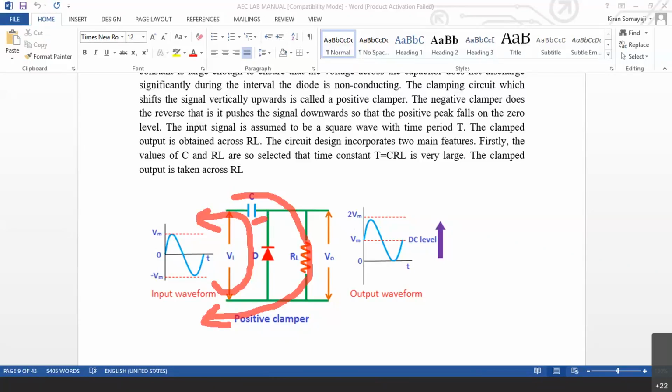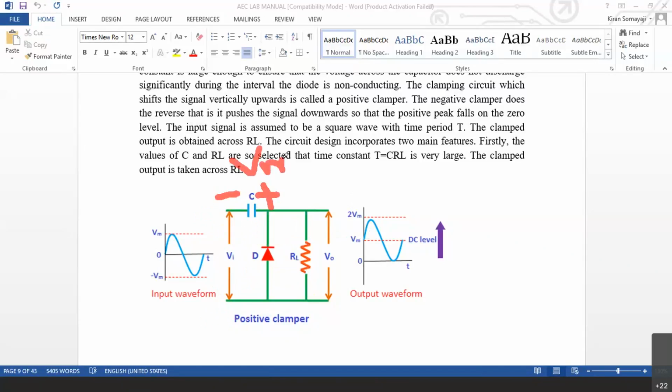Let me stop annotating this way and start annotating in a fresh way. After a few cycles of signal, the capacitor will become positively charged in this direction and this will become negatively charged. Can anybody tell me why? And this value of charge will be Vm.